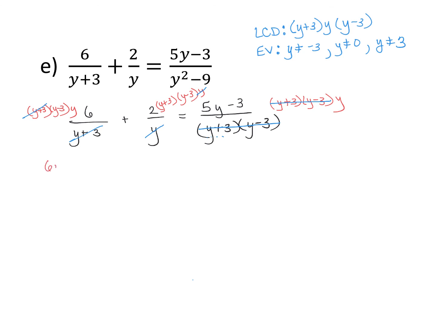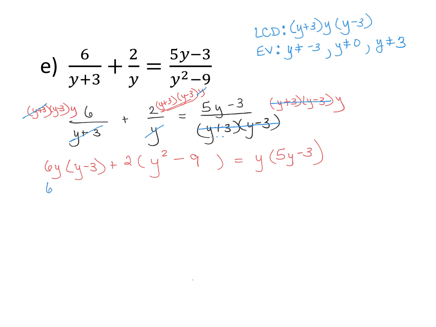So now we have the first fraction, 6y times y minus 3, plus 2, and I'm going to go ahead and multiply these because I know that that's y squared minus 9, and then y times 5y minus 3. So let's now solve this.